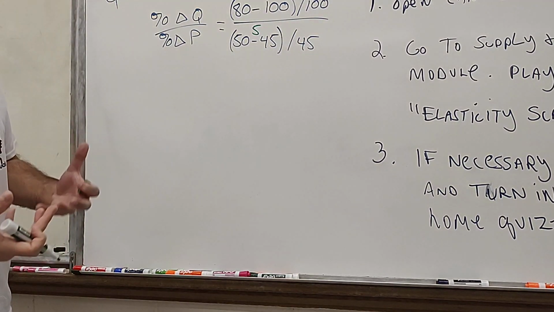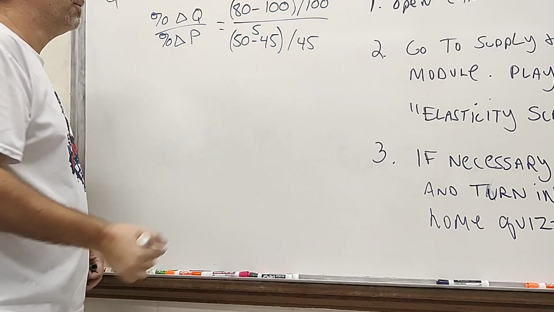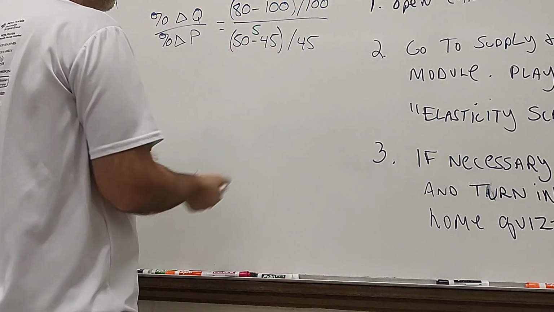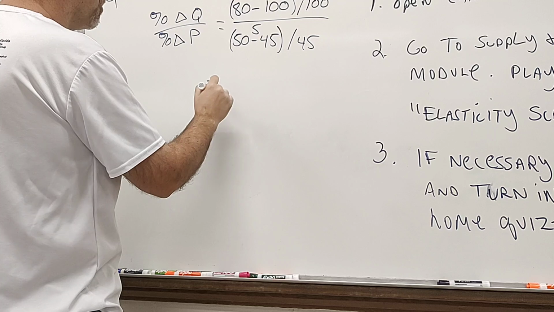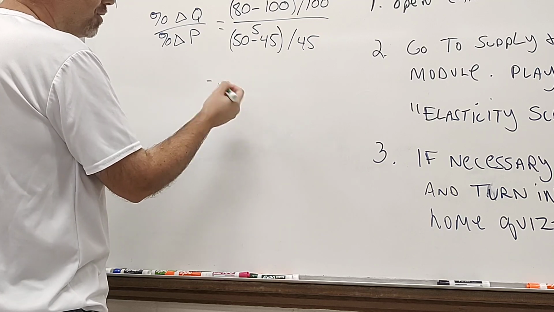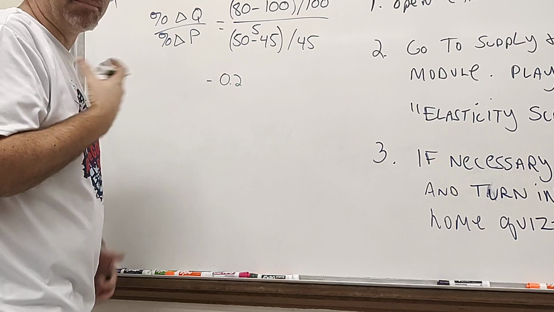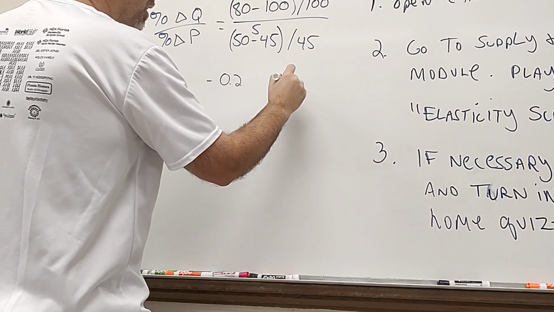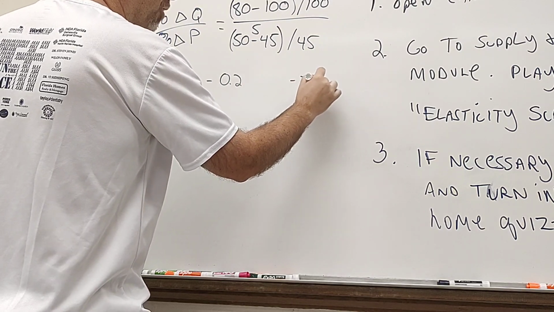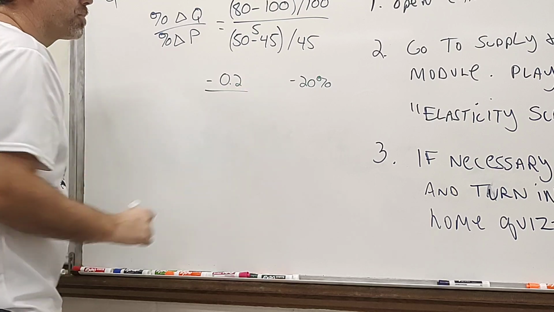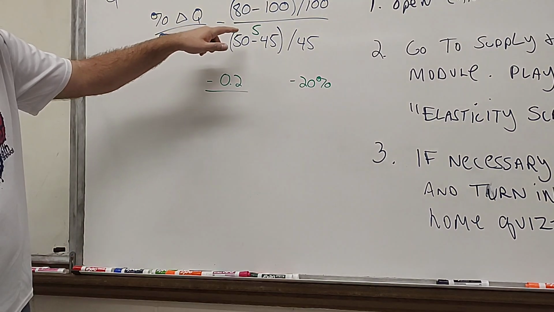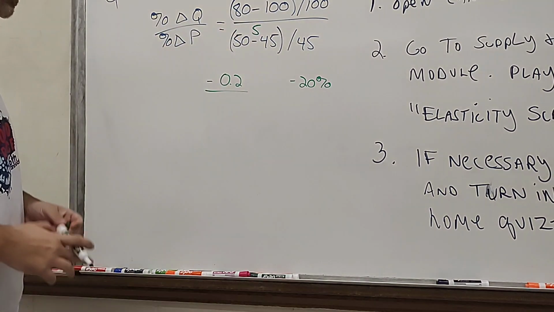So then, grab a calculator, grab a computer, whatever, 20 over 100, okay? So that is a negative 0.2, or if you're anything like me, I like percentages, you could say it's a negative 20%, however you want to look at that, okay? You come down here, 5 over 45.